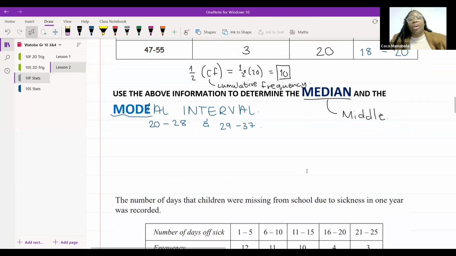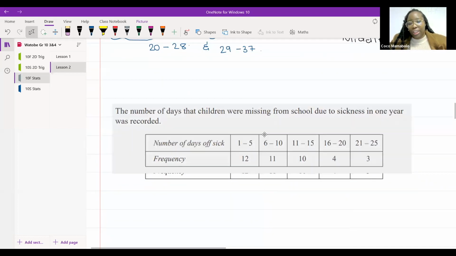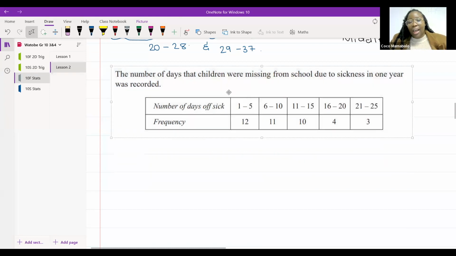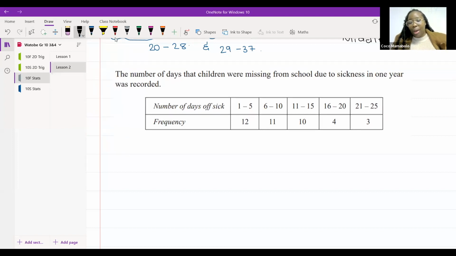All right, let's look at another example. It says here, the number of days that children were missing from school due to sickness in 1 year was recorded. The same questions are going to apply. Determine the median and the modal interval.